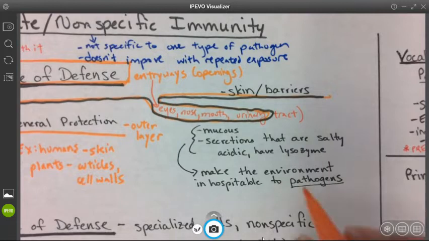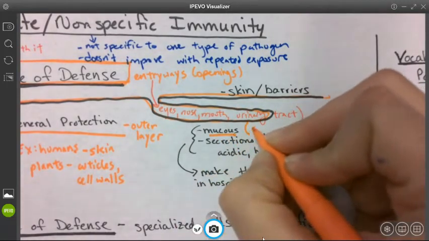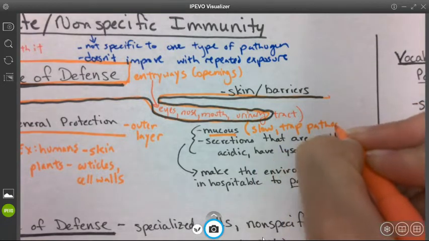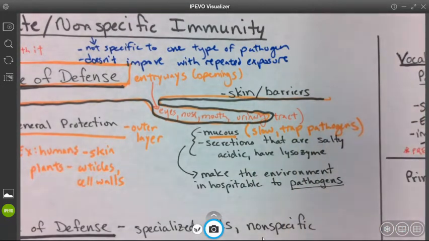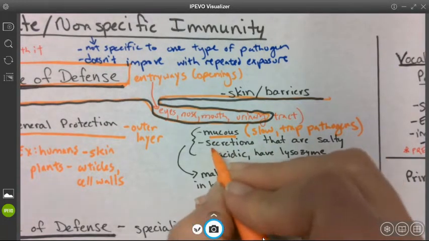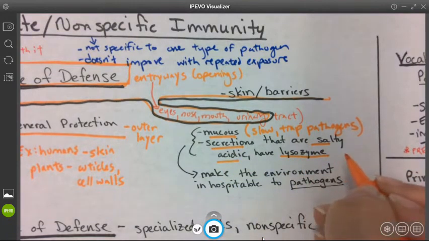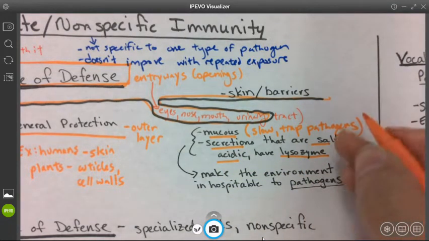They could have mucus. Mucus can slow or trap pathogens in your nasal passages, in your lungs, so that your second line of defense can destroy those pathogens. You might have secretions that are salty or acidic or have a lysozyme enzyme, and this enzyme can break down pathogens.